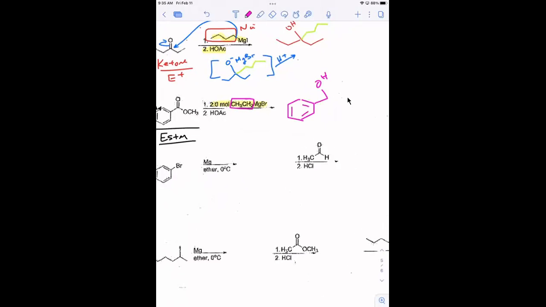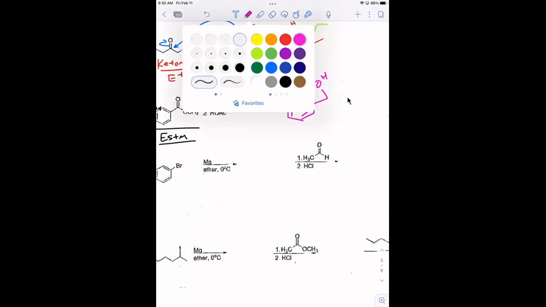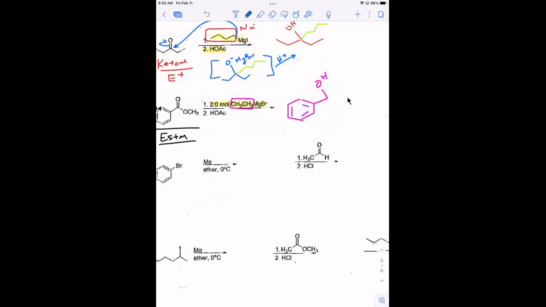All right, and then what else? What's attached to that? The CH3 and the CH2. Right, at which carbon? You're right. I agree with you 100%.